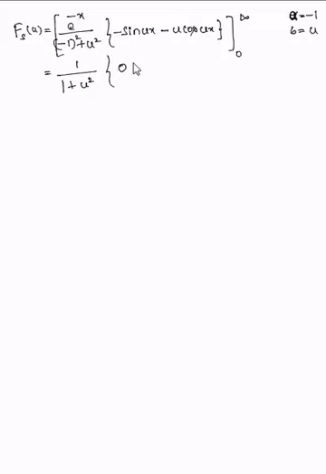Then minus the lower limit. Put x equal to 0. So e power 0 is 1, into sin 0. Sin 0 is 0, minus the second term, where x is 0, means cos 0. Cos 0 is 1, 1 into this u. It is u.